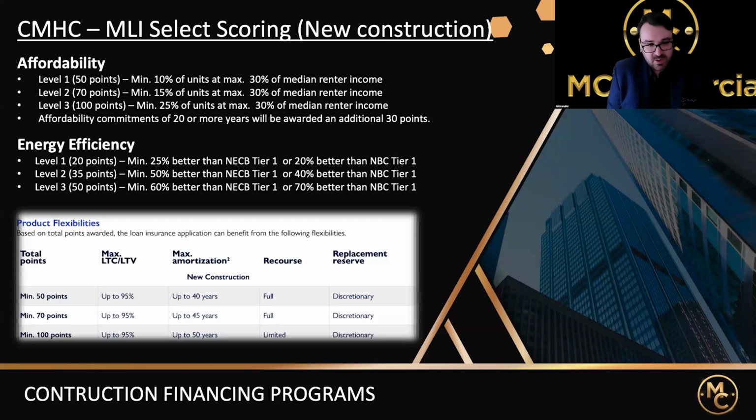Well, that's going to depend on the size of your building. The NBC is going to be for low-rise properties, and the NECB is going to be for high-rise properties. Level 2, you'll need 50% better or 40% better. And for your max points, you'll need 60 or 70% better, depending on the size of your building.